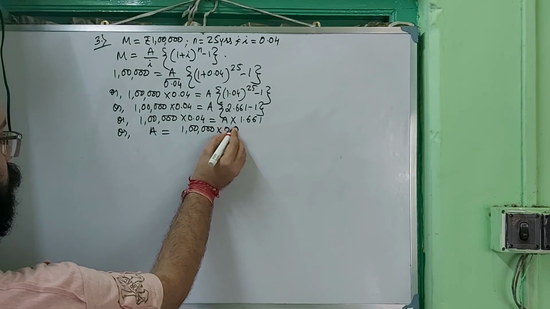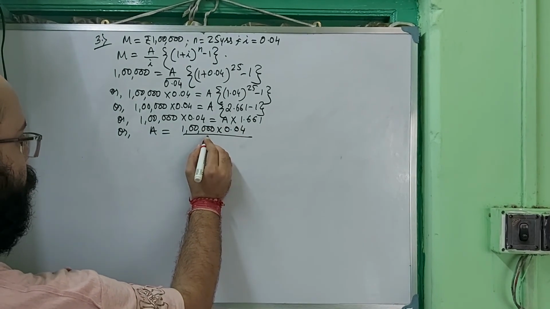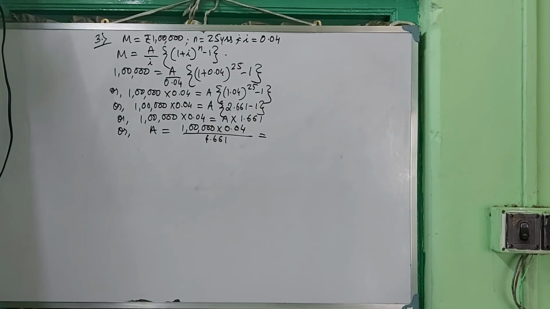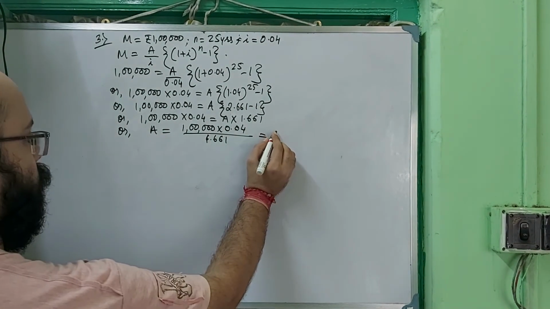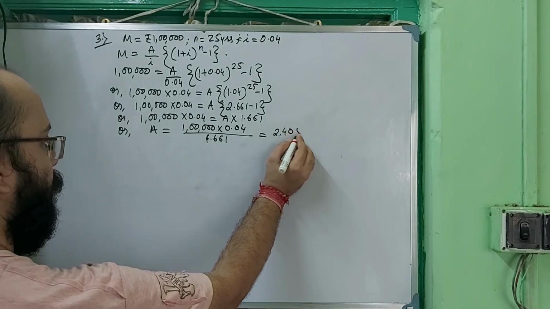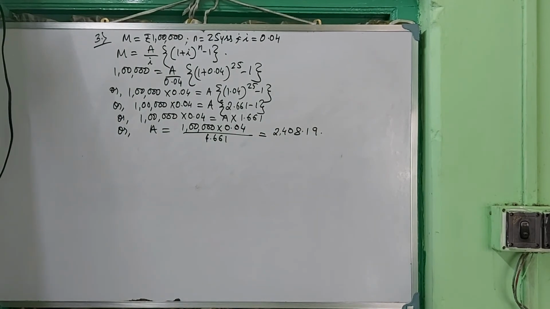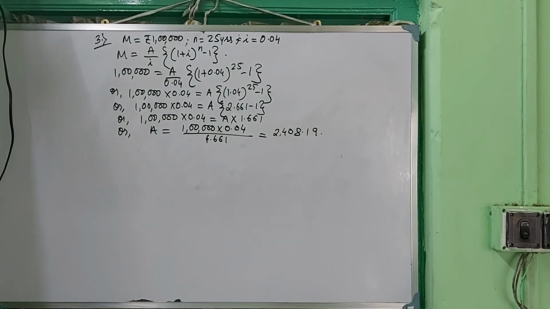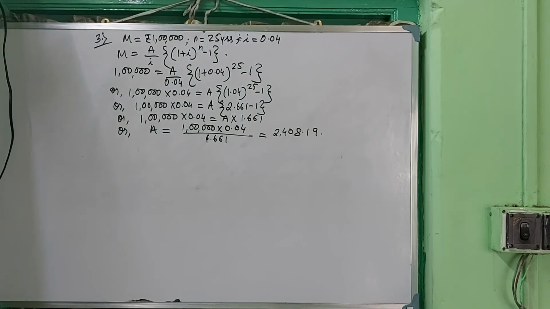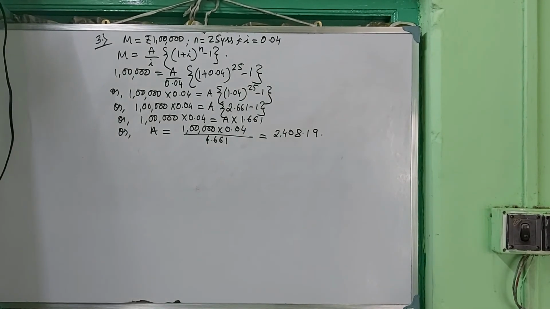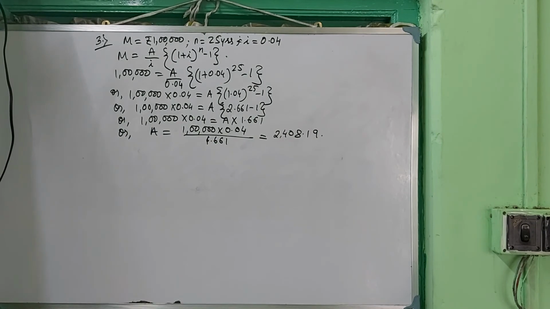You will get the annual value of the sinking fund, which is 2408.19. Okay, this is the answer, 2408.19.